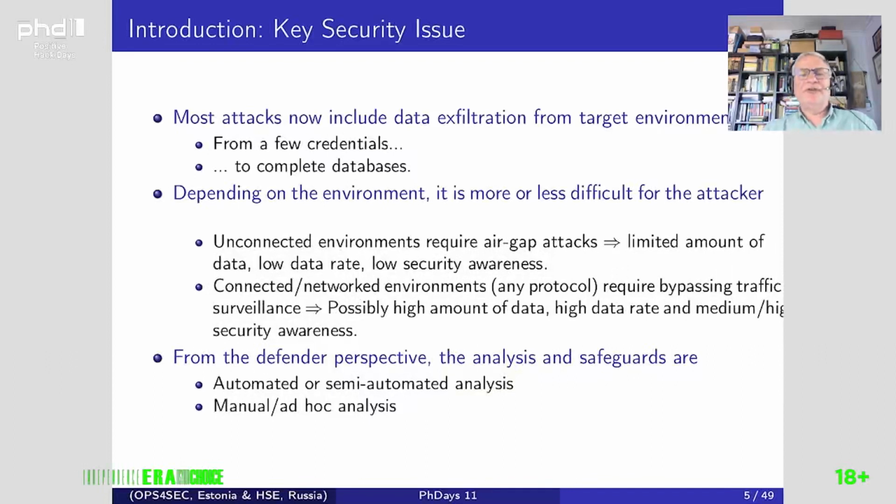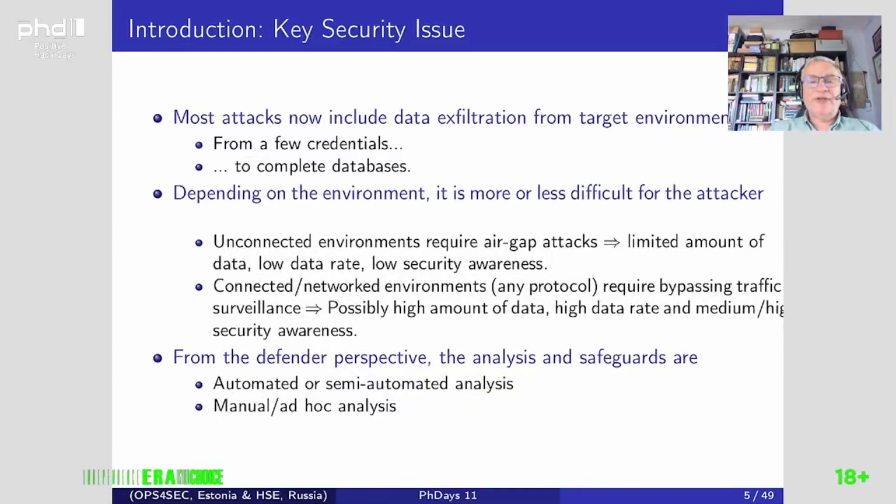If you have an unconnected environment, you have to enforce air-gap attacks, but you will have a limited amount of data that can be exfiltrated due to a generally low data rate. But on the contrary, the targets generally have a very low security awareness.